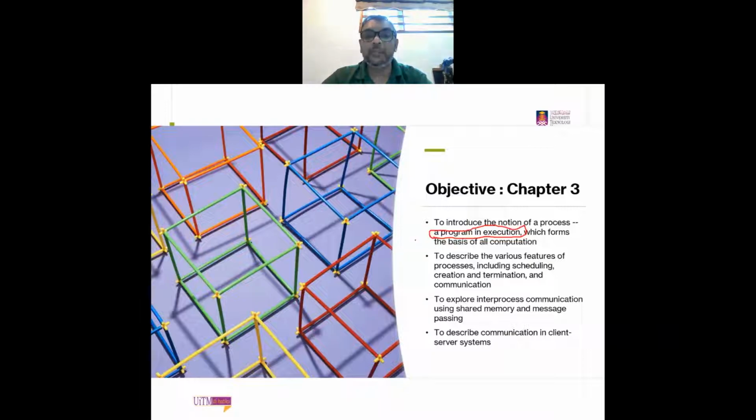In execution means the program is doing something. Next, we are also going to see how the operating system schedules a process, creates a process, terminates a process, or maybe communicates within a process. How does the operating system communicate within a process?